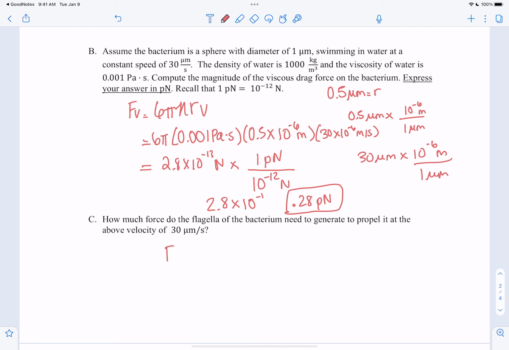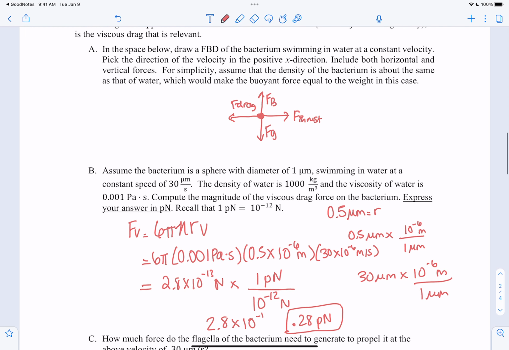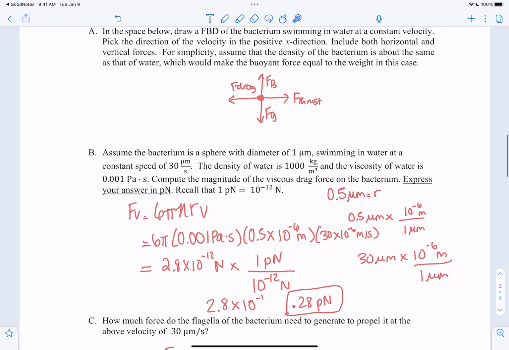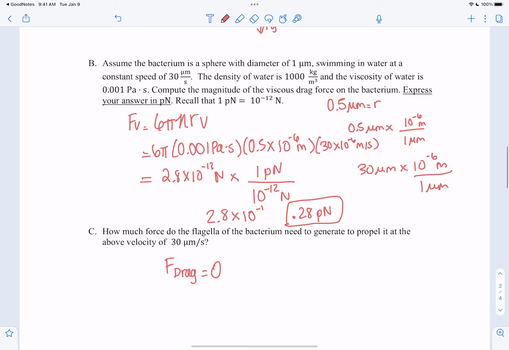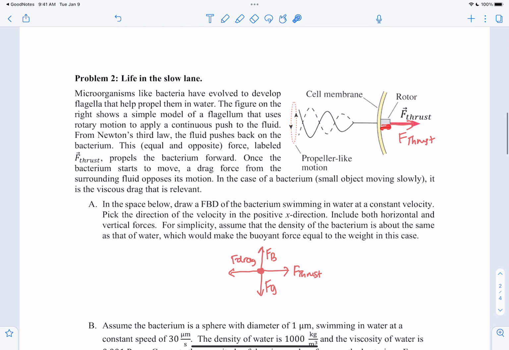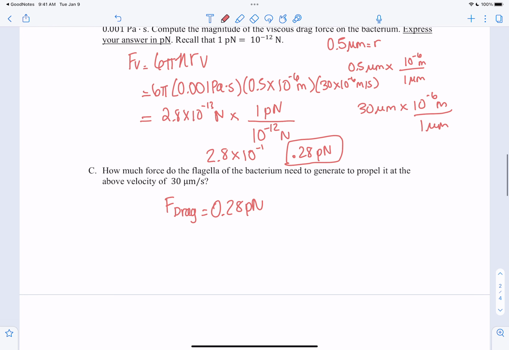So essentially, we're just looking for F thrust. We know that the F drag, that viscous drag, was 0.28 piconewtons. We want to figure out the force that is needed to propel, that propelling force, which is the F thrust.